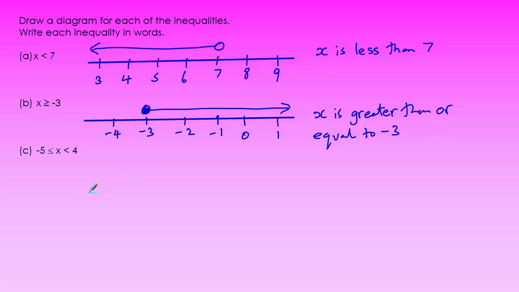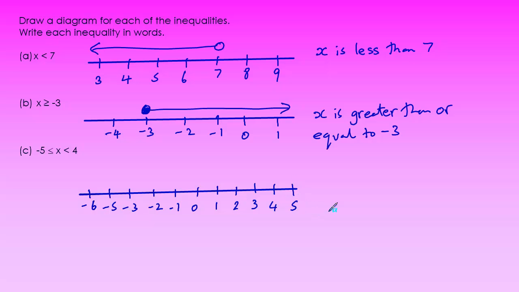Now finally, we've got one that goes from -5 to 4. So if I put -6 here maybe, -5, -4, -3, -2, -1, 0, 1, 2, 3, 4, 5. And the -5 is a greater than or equal to, so we need a filled in circle there.